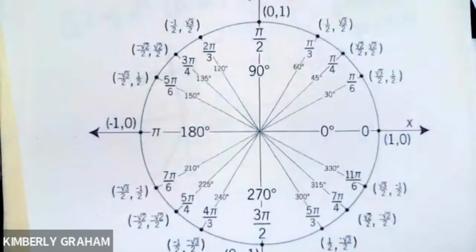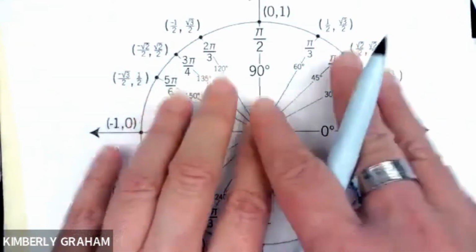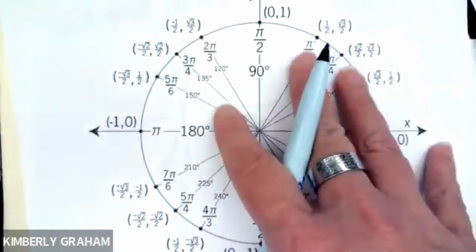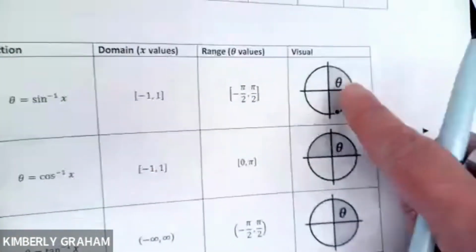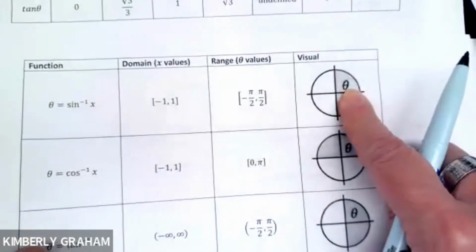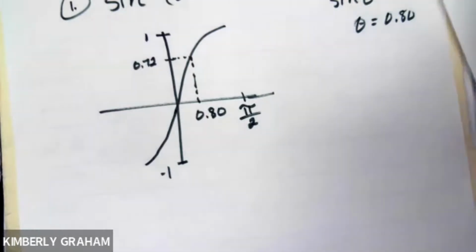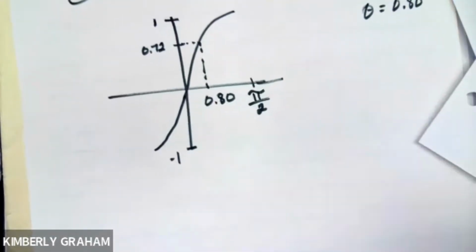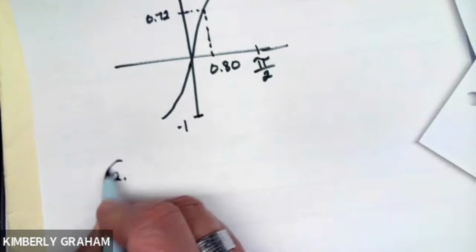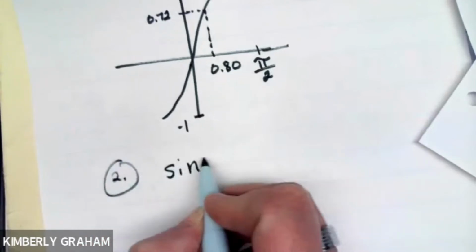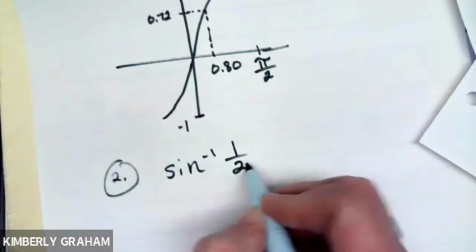I gave you all this earlier in the week, or last week, I believe. So we're going to use this unit circle and this thing right here to help us figure out problems like this. Sine inverse of 1/2.